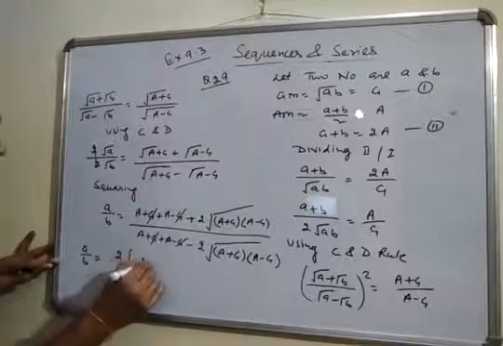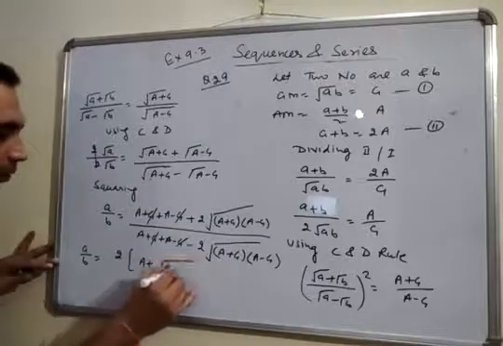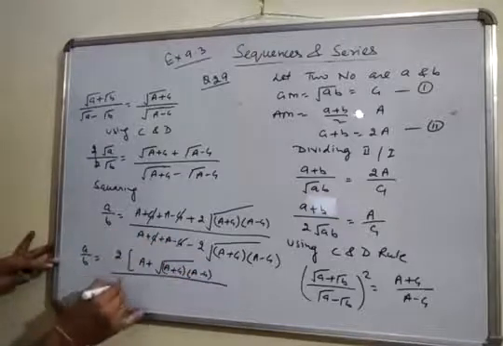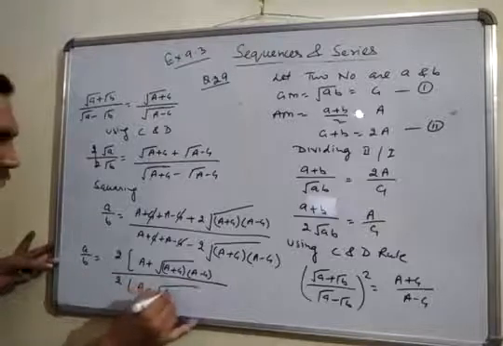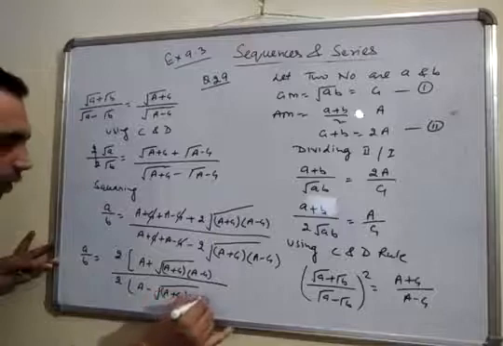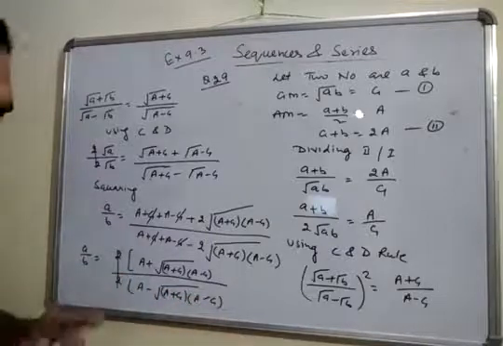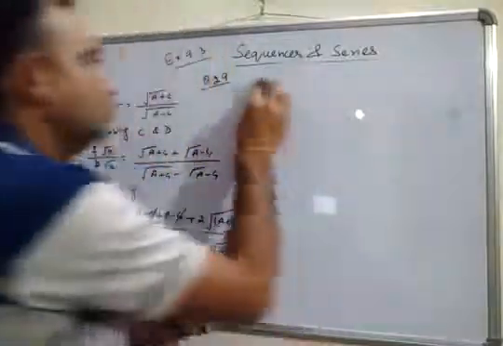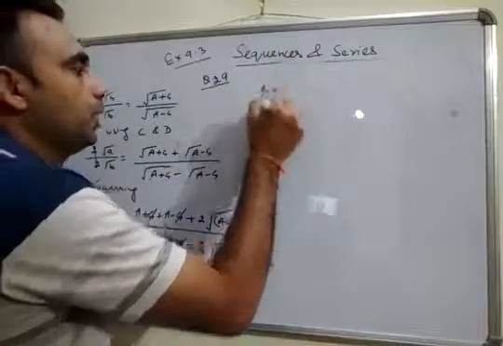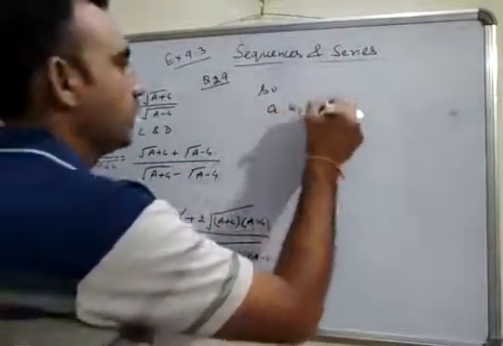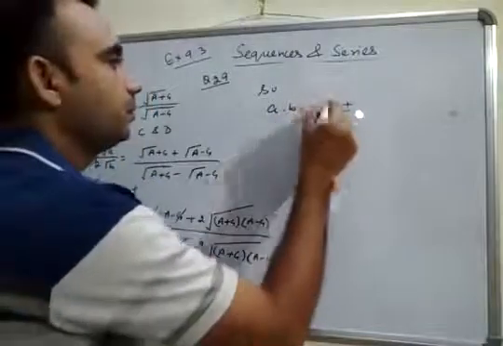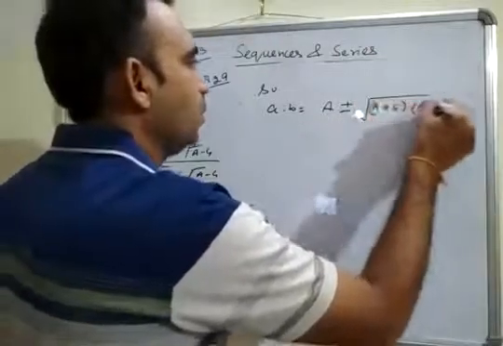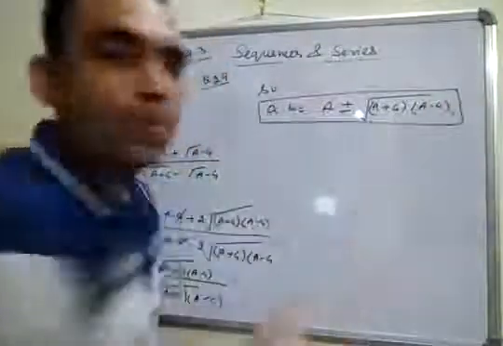So 2A plus under root (A plus G) into (A minus G) upon 2A, 2 common, so A minus under root (A plus G) into (A minus G). 2 से 2 cancel, implies A ratio B is equal to, we can say, A plus minus under root (A plus G) into (A minus G), which we have to prove.